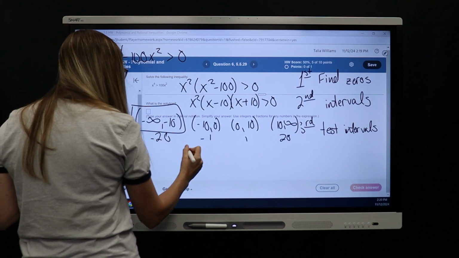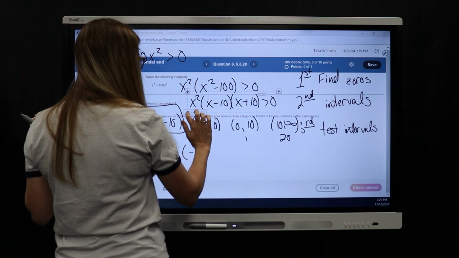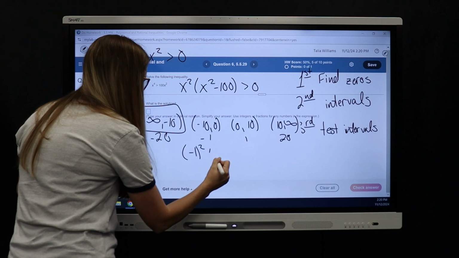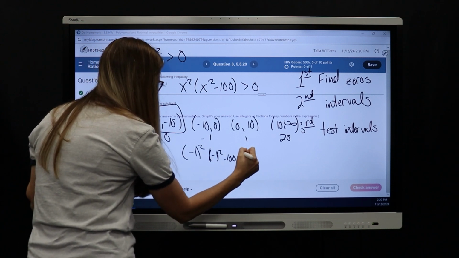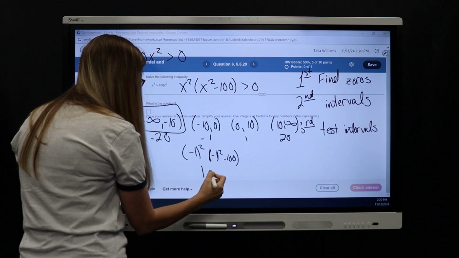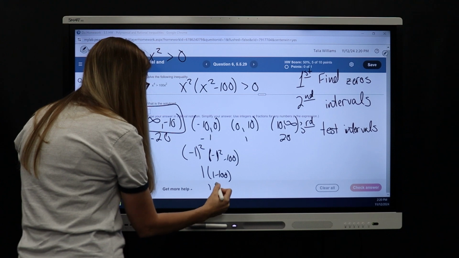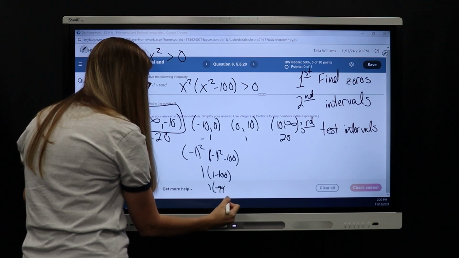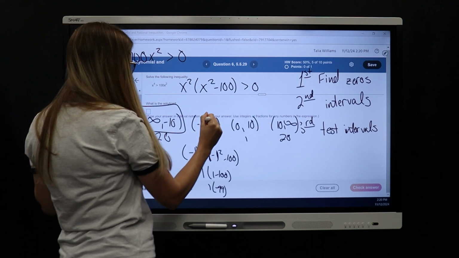Negative 1 squared. I'm going to erase this since I'm not using it. And then I'm going to have negative 1 squared minus 100. So this is going to be 1 times 1 minus 100, which would be 1 times negative 99. Is negative 99 greater than 0?